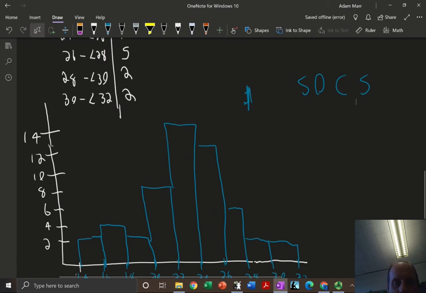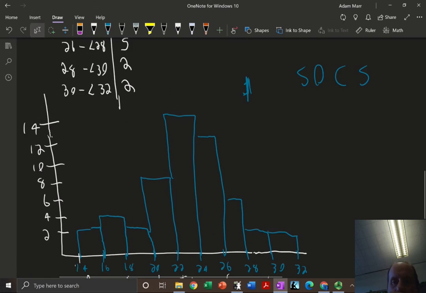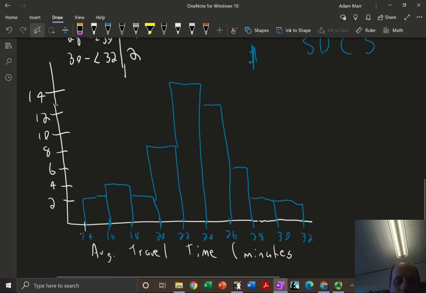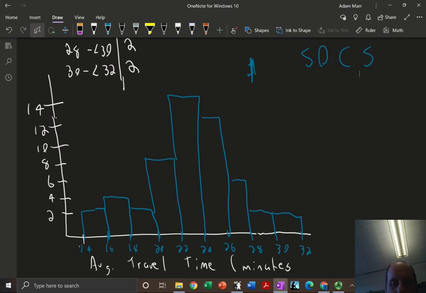In this case, for the shape, we would just say that it's relatively symmetric with a single peak of 22 to 24. There's no obvious outliers. The center: there's 51, right? So 52 divided by 2.